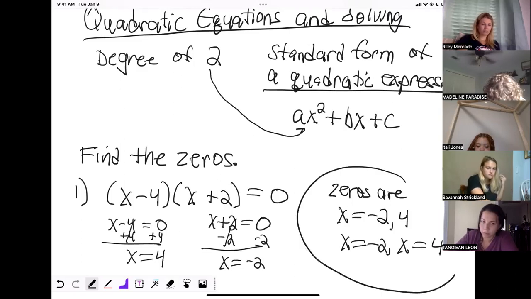You can put them together as one or do them separate, it doesn't matter. How do you know if you're right? You can take those two solutions you found, the 4 and the negative 2, those are the zeros, and plug them into your original equation and make sure both sides are equal to 0.